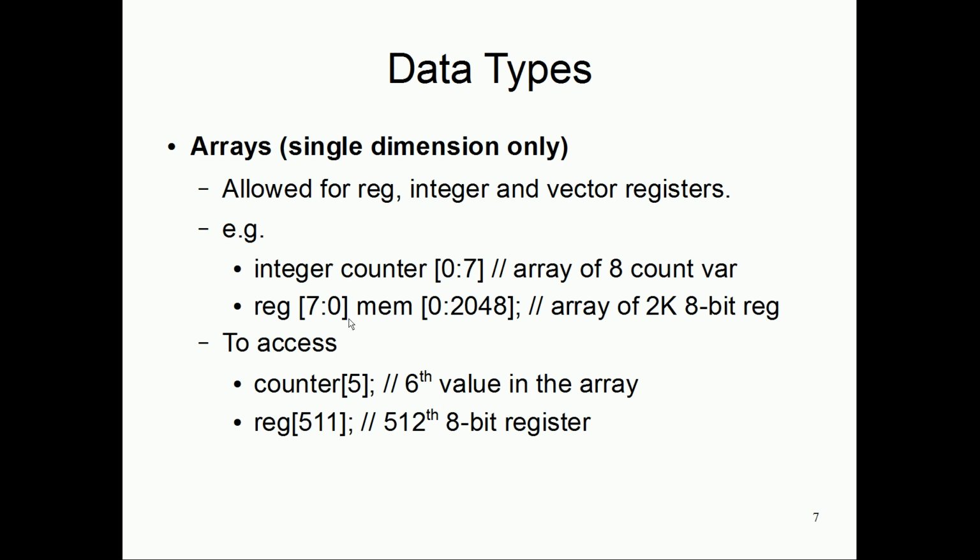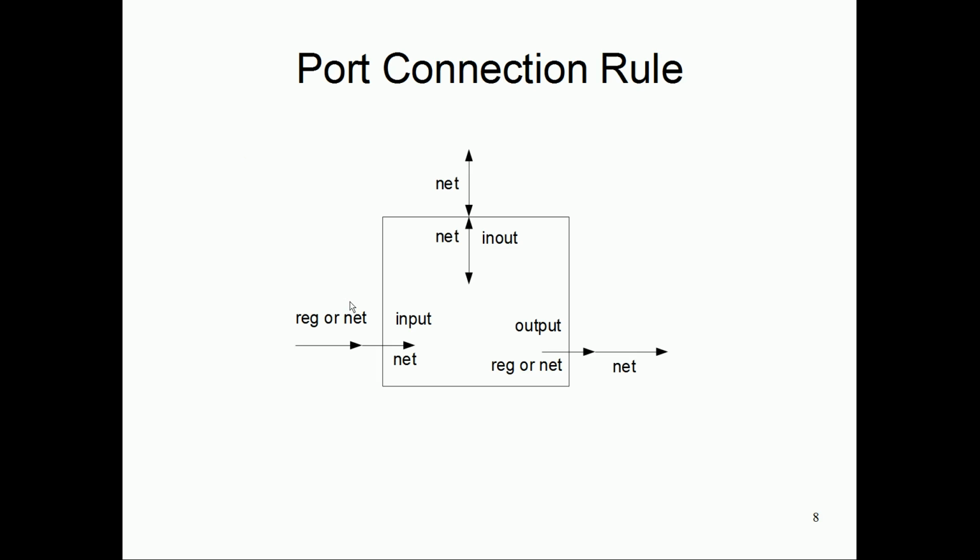Memory is a storage of multiple words, and each word can be of multiple bits. So here we are declaring that my word length is 8-bit, so I have register storage of 8-bit, and I have 2k such 8-bit registers.